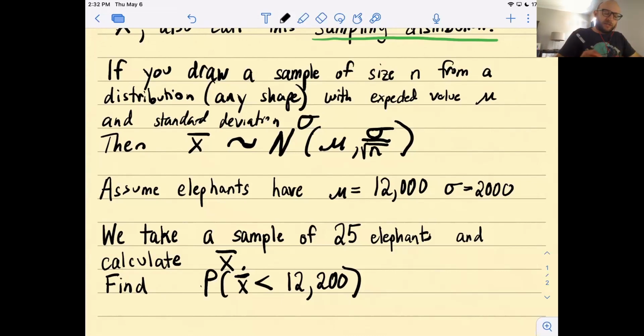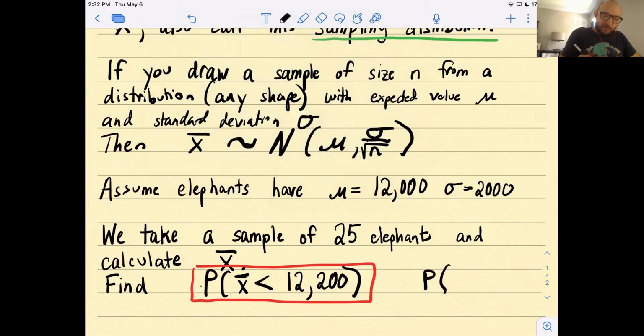What do you guys think is bigger? This quantity that we're looking for, the chance that the average of 25 elephants is less than 12,200 pounds, or the chance that a single elephant is less than 12,200 pounds. Which one is bigger? What do you guys think? Hit A if you think the left one is bigger, and B if you think the right one is bigger. Or no if you have no idea.